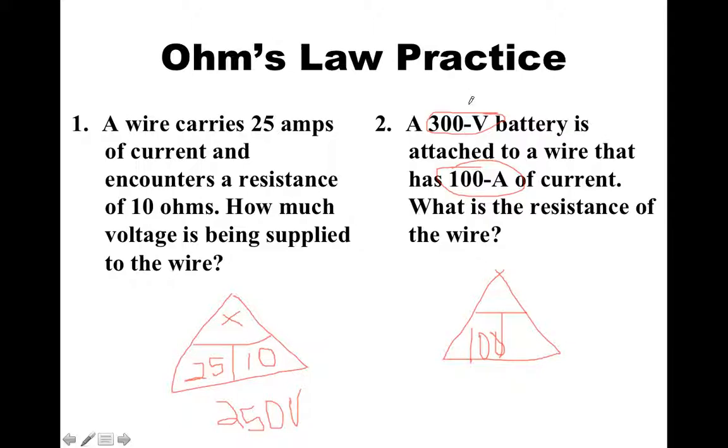But I also have up here 300 volts, so that 300 is going to be seen up top. Okay, one's on top of the other, so my operation is I'm going to divide. So 300 divided by 100 would be 3. And on there, I'm going to write the little symbol for ohms.